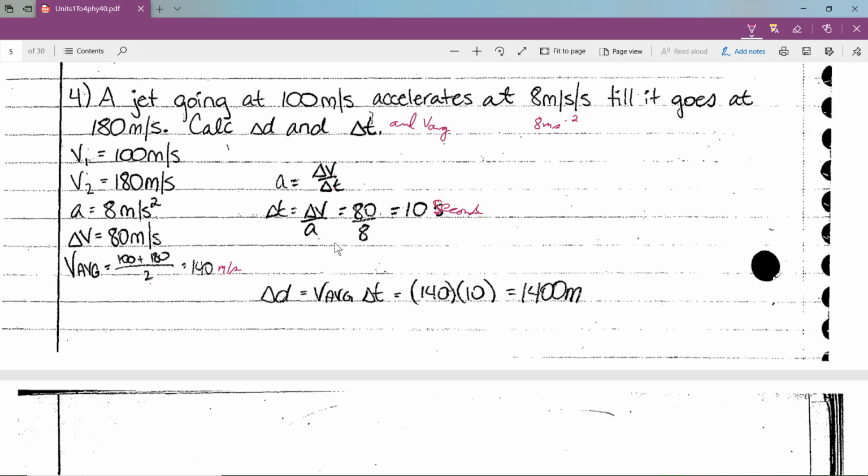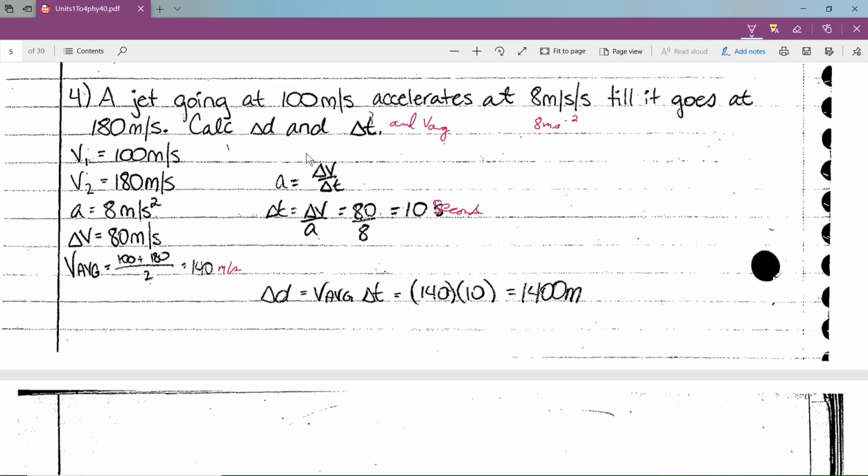So it took 10 seconds for this jet to accelerate. Maybe it was a toy jet, I'm not sure, or some secret jet that we don't know anything about. And then delta d is v average times delta t. v average is 140 times 10, so 1400 meters. So I did have to get the time first to get delta d.